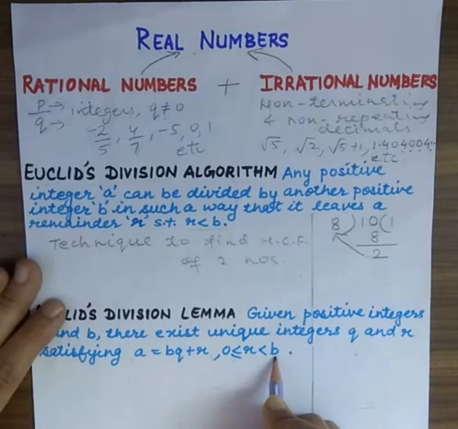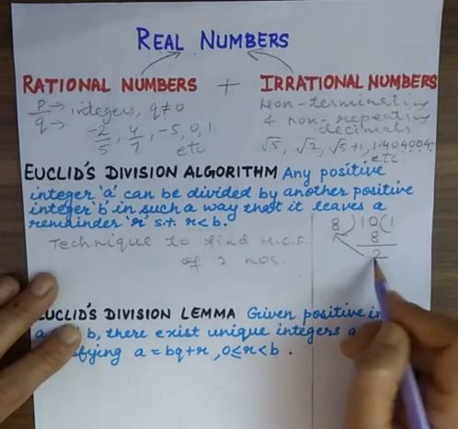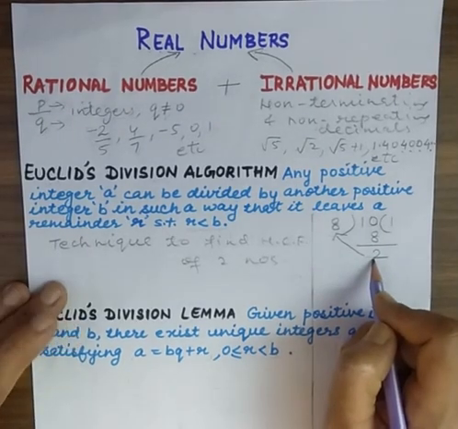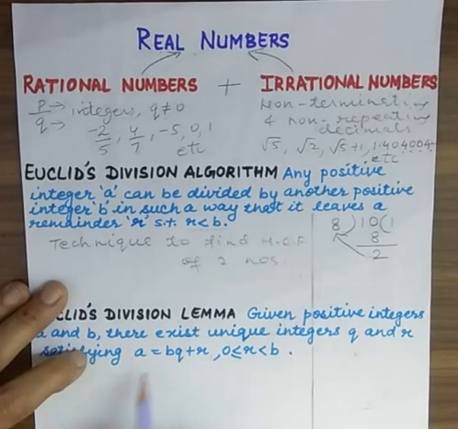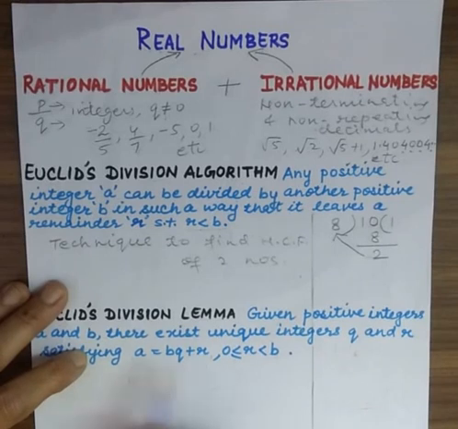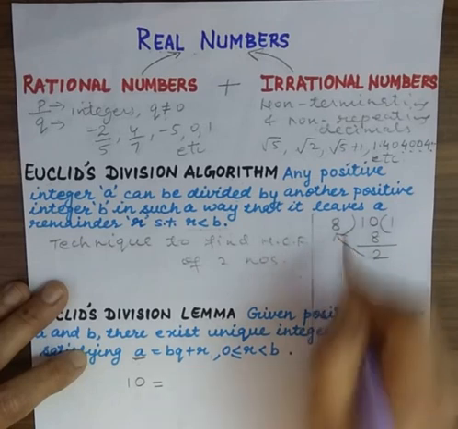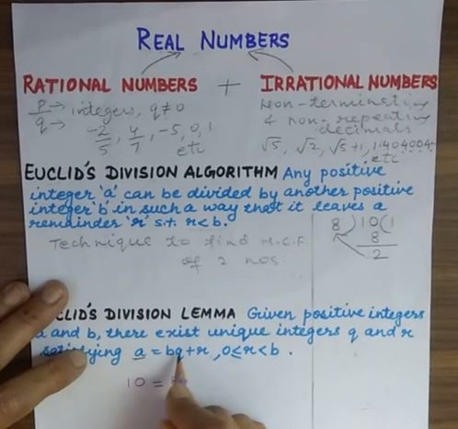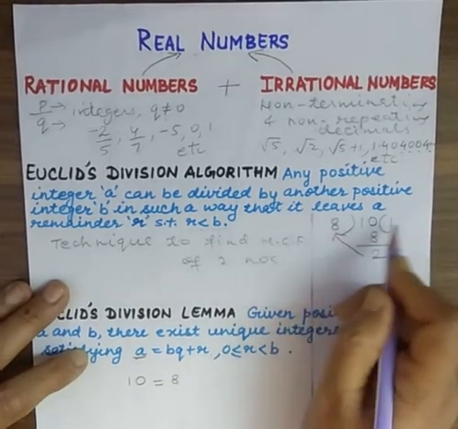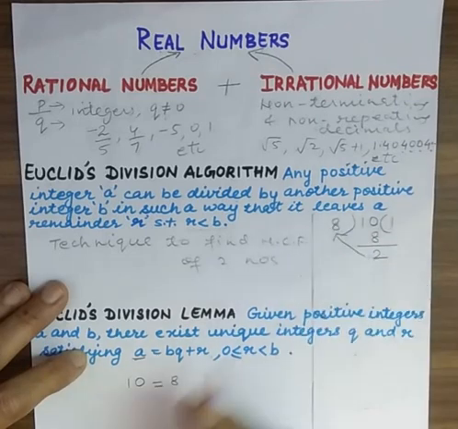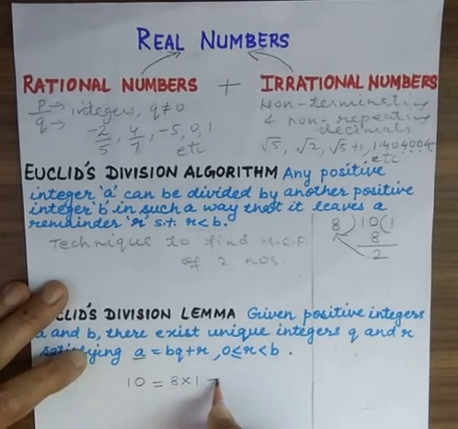Alright. Now we come back to the same example we had taken and put the values in this relation. What do we get? 10 is one of the integers we took. 10 is equal to, the second integer we had taken was 8, so 8 into q. So it should be 1. q is 1, 8 into 1 plus the remainder 2.